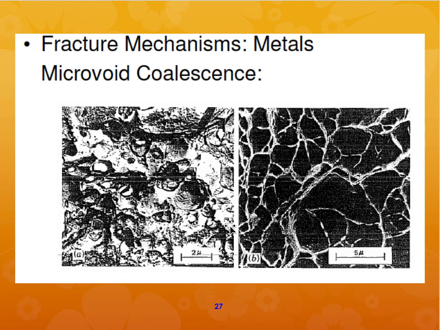And once that happens, it is no longer possible for the material to take the load. So it would rather fail. If you have a metal and it has got a lot of these microvoids, they all join up together, create a huge crack, and then it fails.